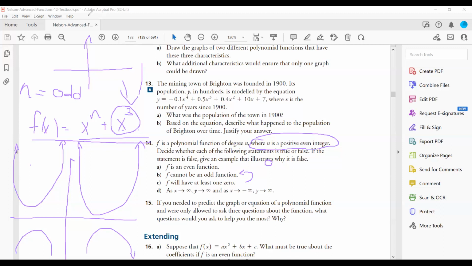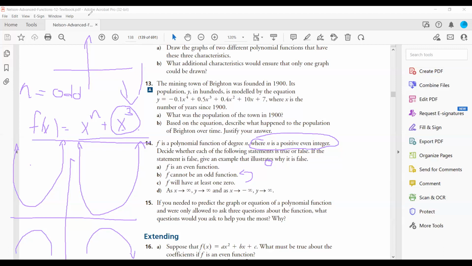So just to summarize, in the question it says the degree of the function is n. Degree is not the same as the definition of a function as even or odd. You should have an even degree in order for this function to be even.